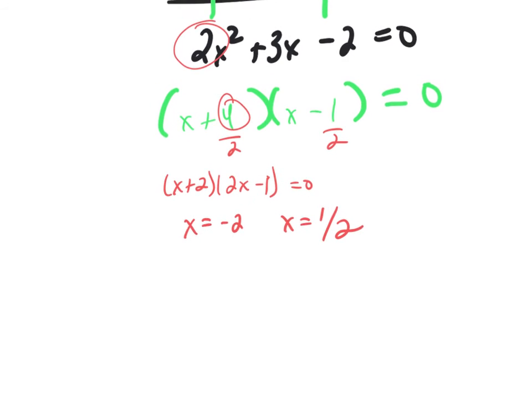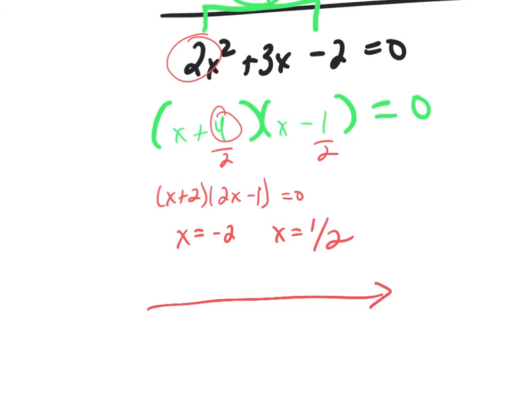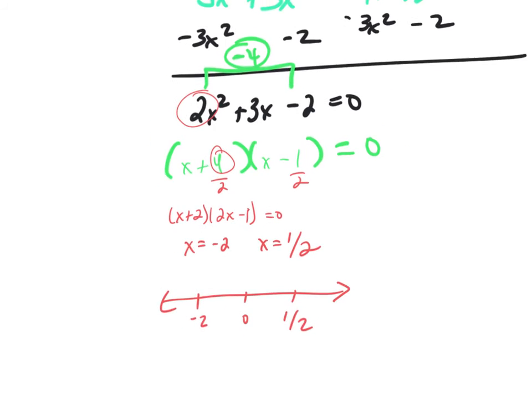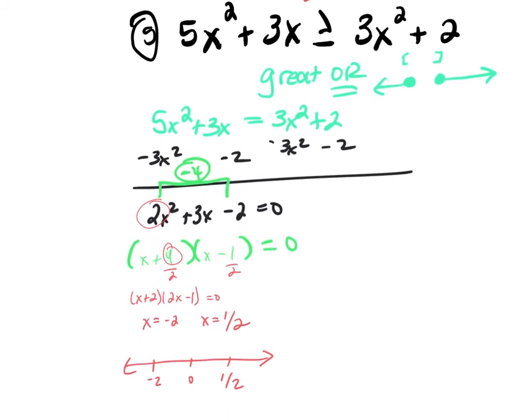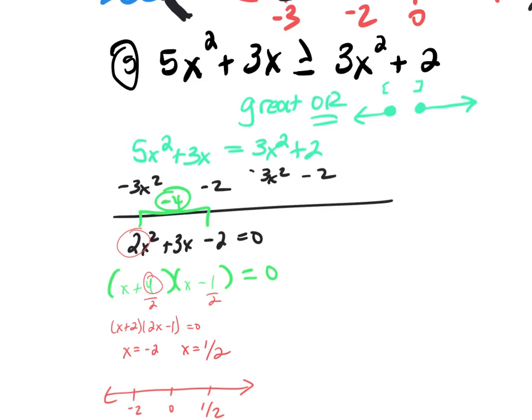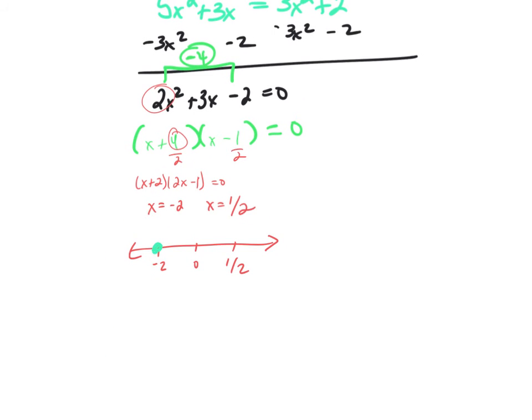Okay, so let's do our graph. I have points at negative 2, 0, and 1/2. Go back to the beginning. Without even testing points, what did you guys tell me my graph was going to look like? Opposite directions. What is the notation on the end of each of the graph pieces? It's a closed dot. Okay, so I know that it's going to be closed dot here, closed dot here.